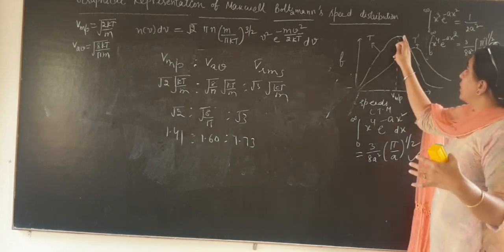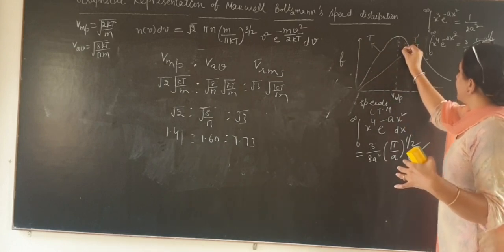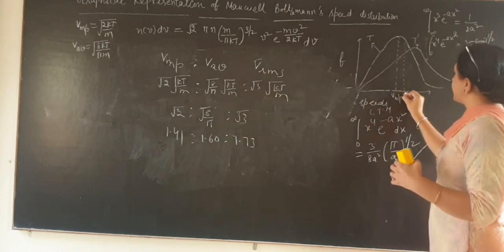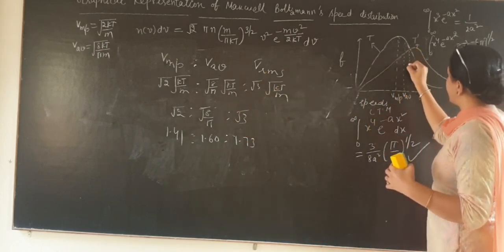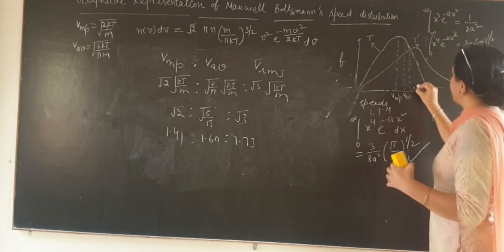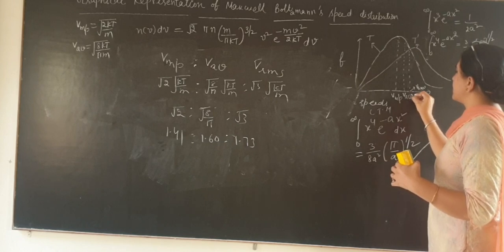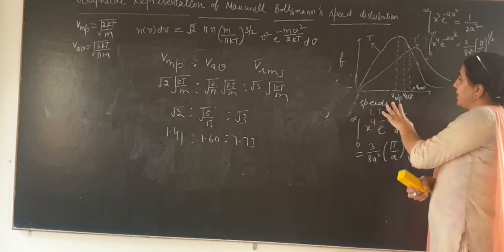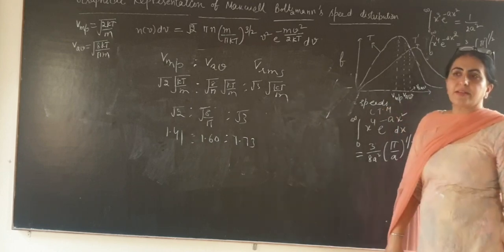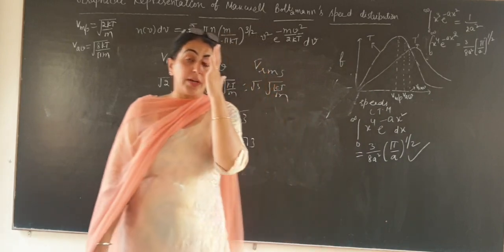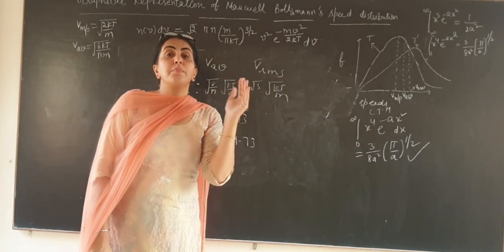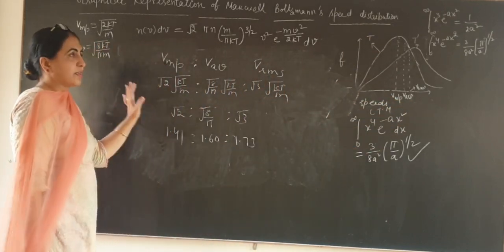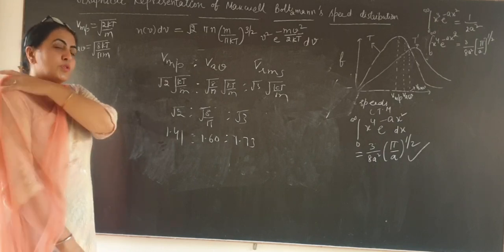Then next is V average, and third is Vrms. So first the most probable, the maximum of the curve, then average speed, then Vrms. So this is all about the graphical representation of the Maxwell-Boltzmann speed distribution.